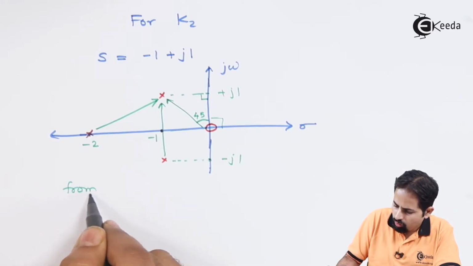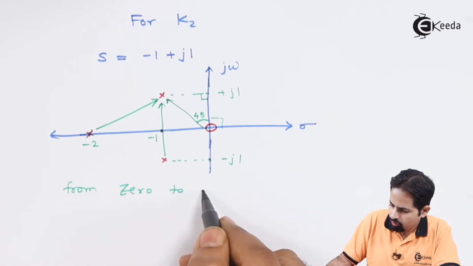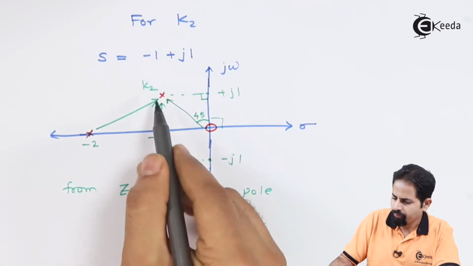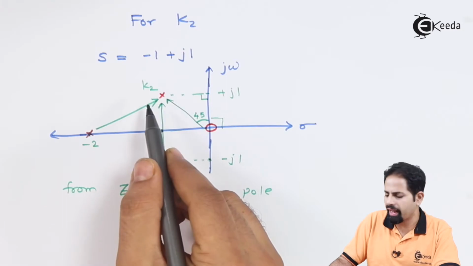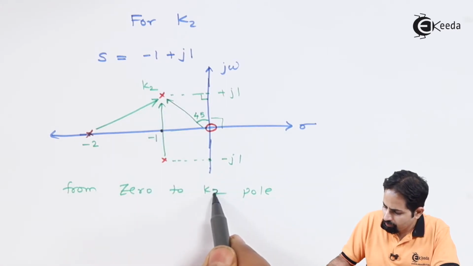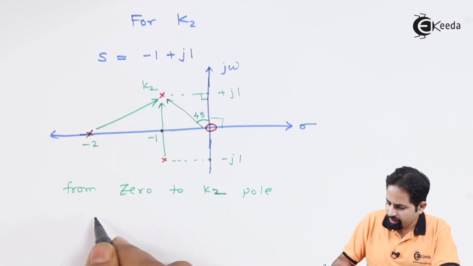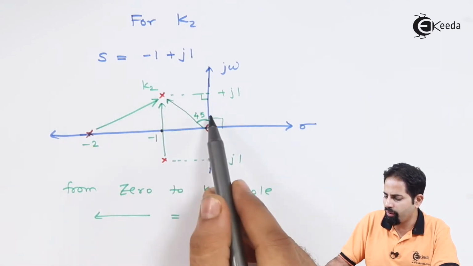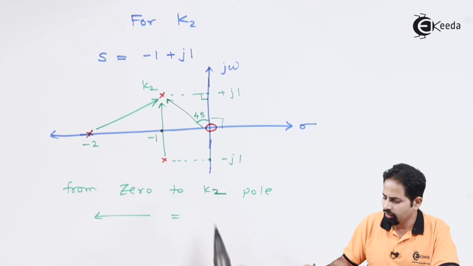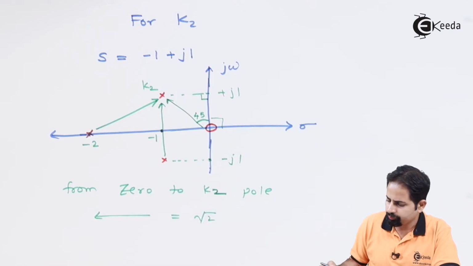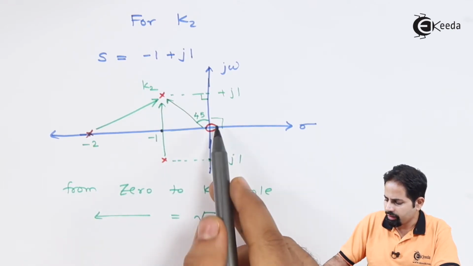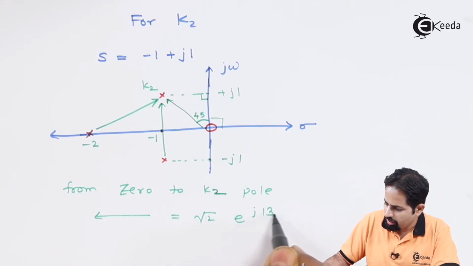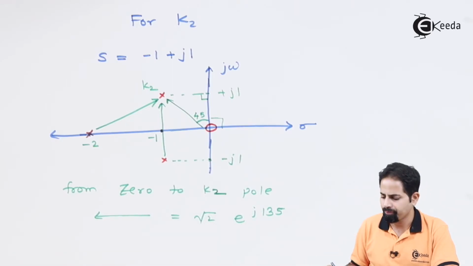So this red cross is nothing but the K2 pole, and the vector that we have will have length, which is to be evaluated again, this is 1 and this is 1. So this is going to be root 2, and the angle is 90 plus 45, which is plus 135. So e raised to j 135.